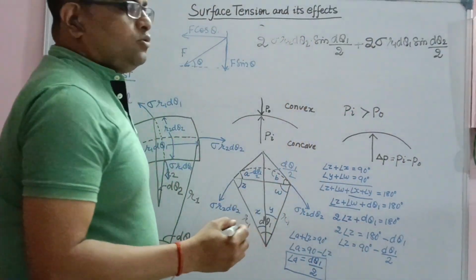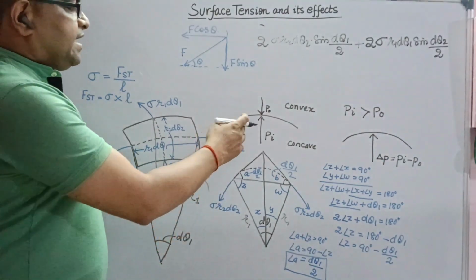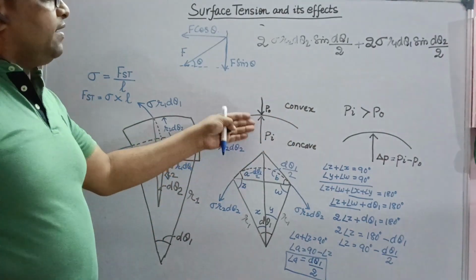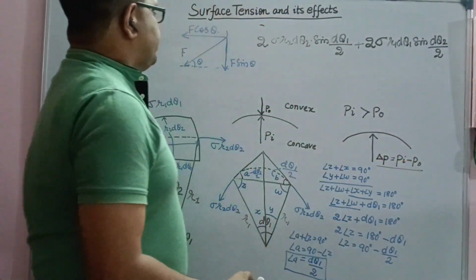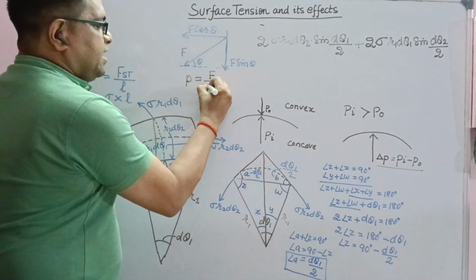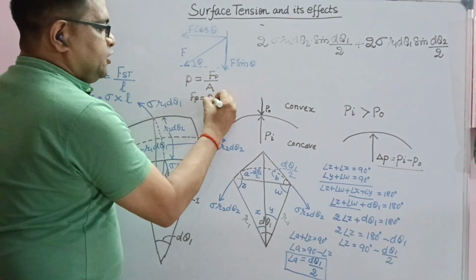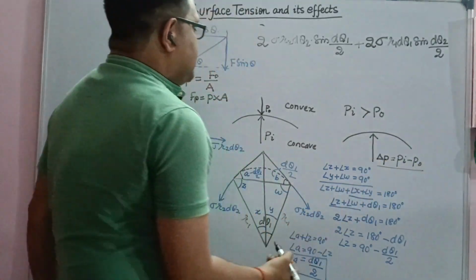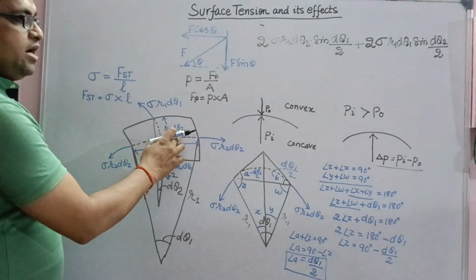Now let us try to bring this elemental surface in equilibrium, and we know that the pressures acting on the concave side and the convex side are Pi and P naught, and we have a differential pressure of Pi minus P naught. So we know that intensity of pressure is given as force upon area. So the force due to pressure Fp will be equal to the intensity of pressure into area. Here the intensity of pressure is delta P or Pi minus P naught, and the area can be calculated as R1 d theta 1 into R2 d theta 2.